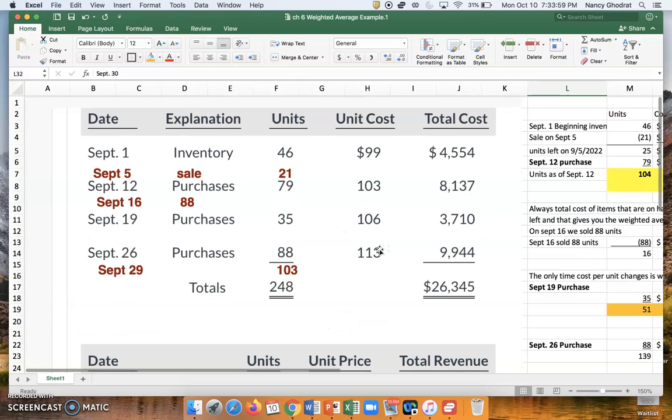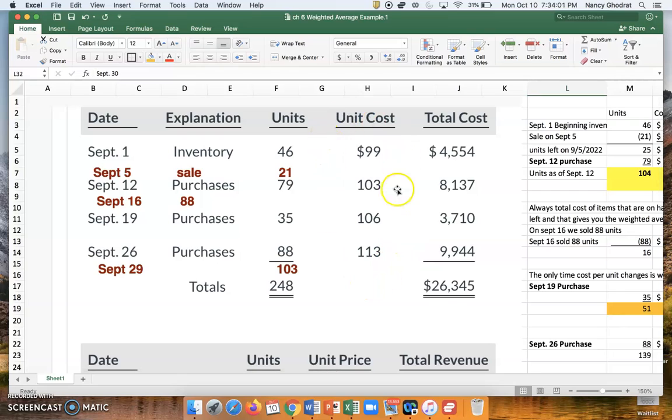The cost of goods sold is arrived at by looking at the units sold and the cost of those units. And the cost of those units, using a weighted average cost, every time there is a purchase, we need to calculate a new moving weighted average cost.